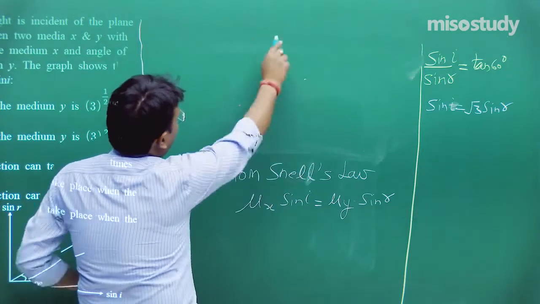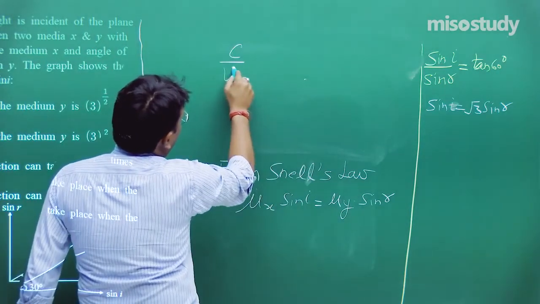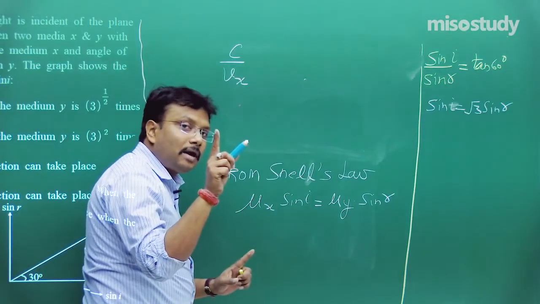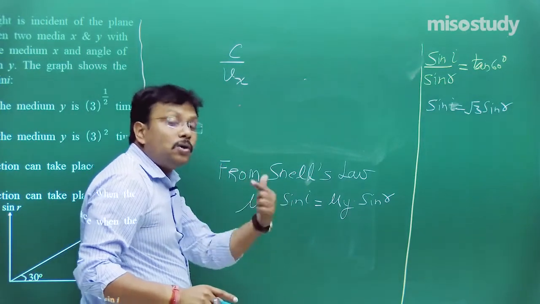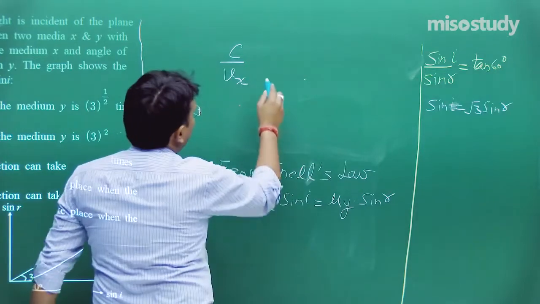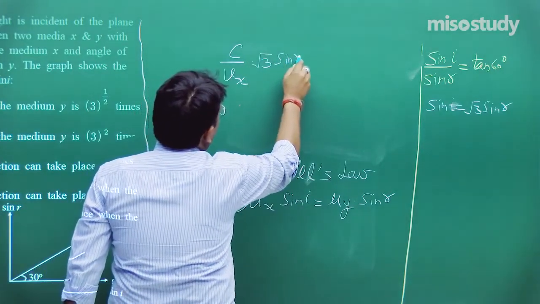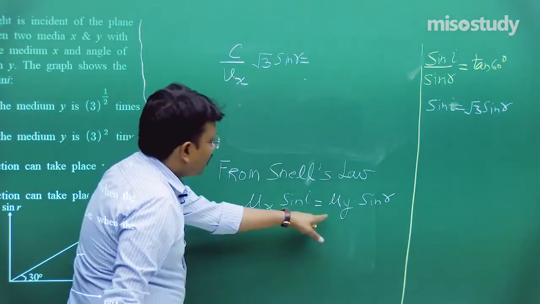At the place of mu x I can write c upon vx, sin I is root 3 sin r, and this is equal to mu y.